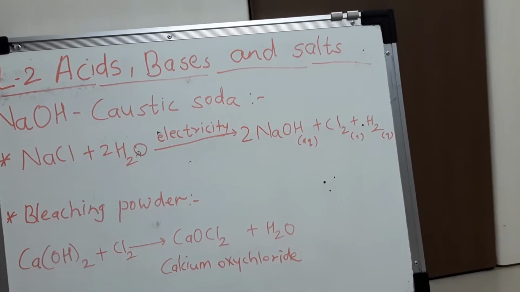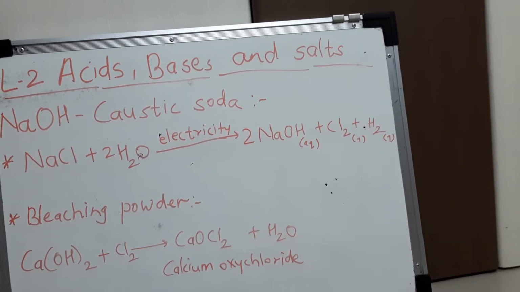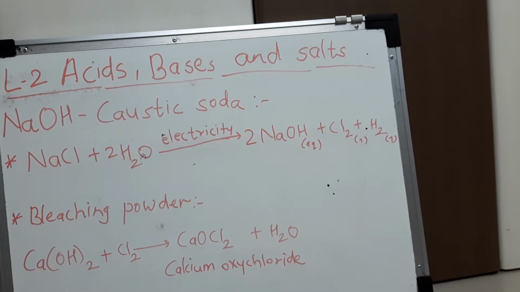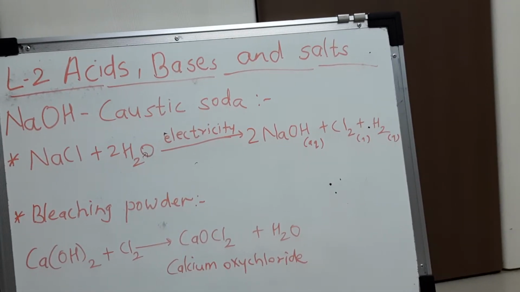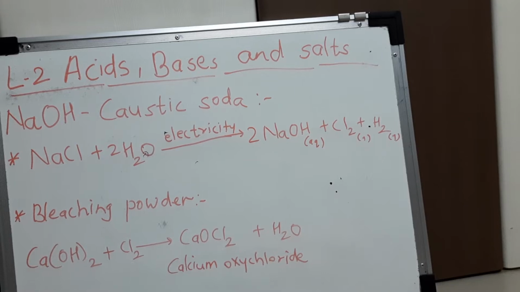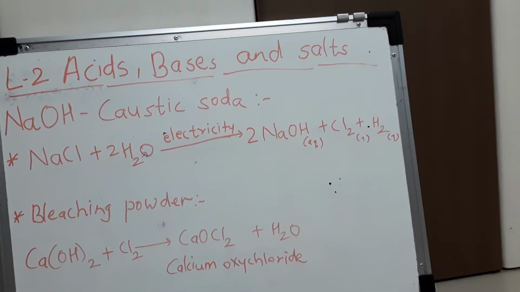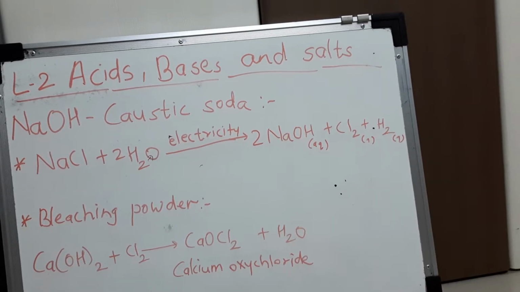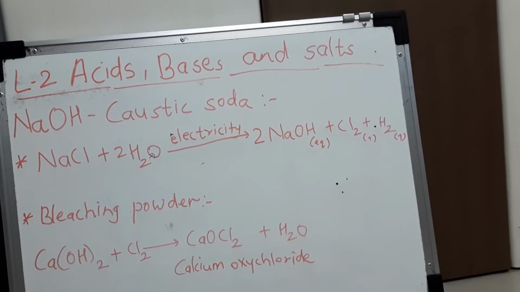So Cl minus ions are anions, so they will move towards the anode. And H plus ions, cations, will move towards the cathode. Therefore at the anode we get chlorine gas and near the cathode we get hydrogen gas. And sodium hydroxide we also get in aqueous form.